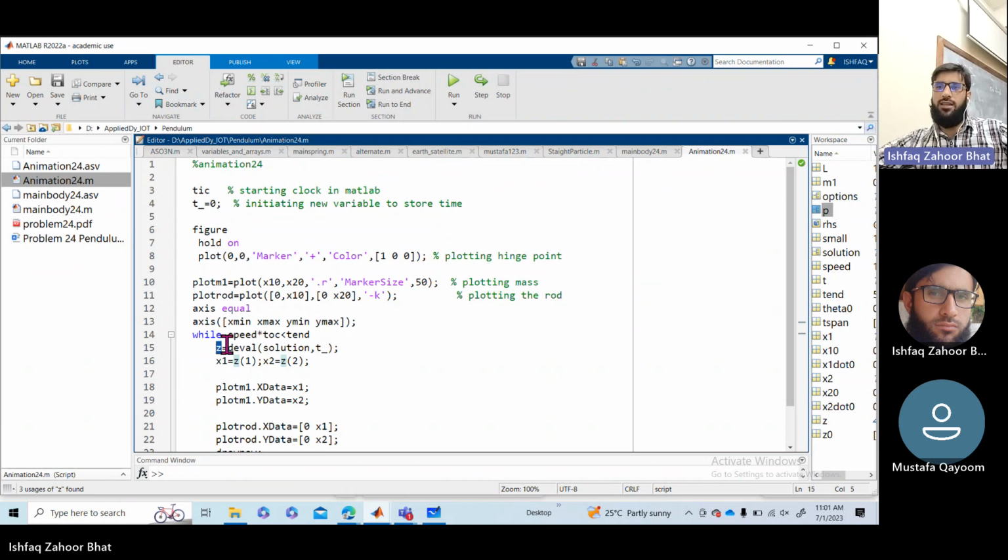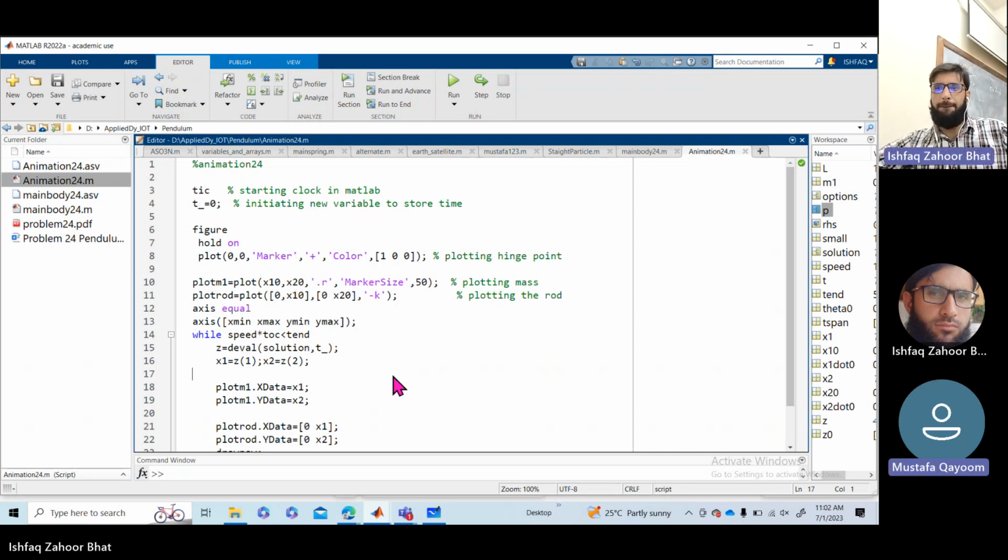That z vector will be 4 cross 1, so it will have 4 rows and 1 column. Now you want to find at that instant of time the value of the x coordinate, and that x coordinate is nothing but the first element of z. x2 is nothing but the second element of z.